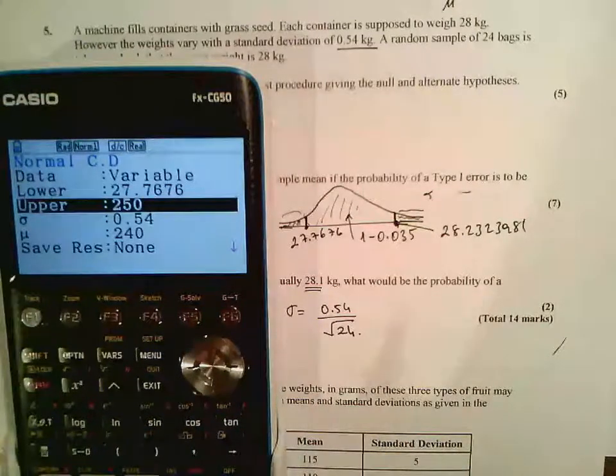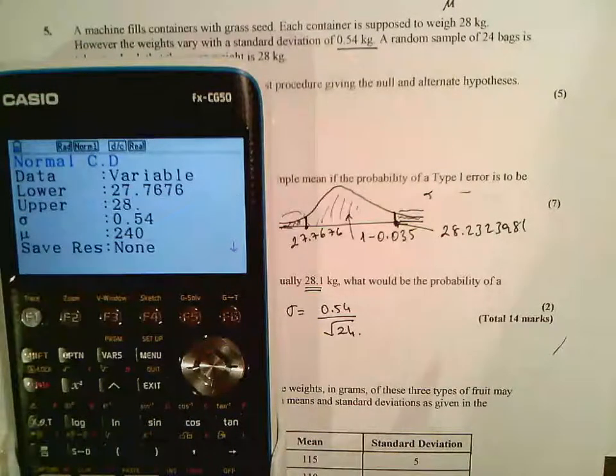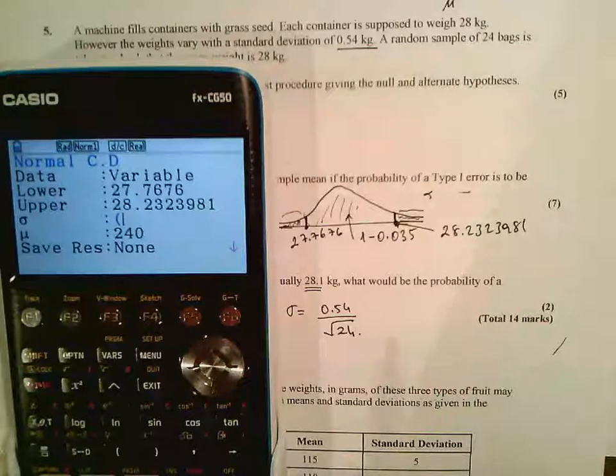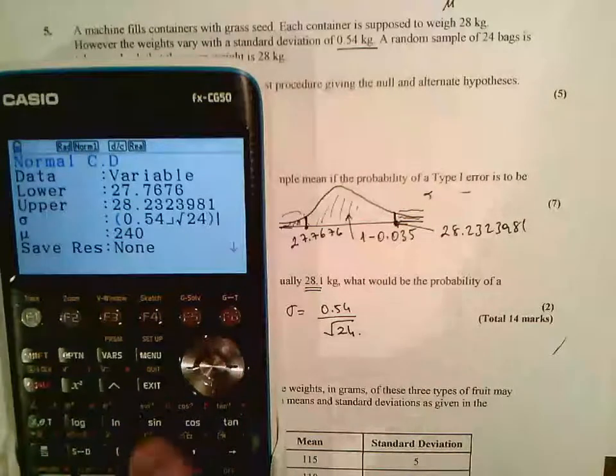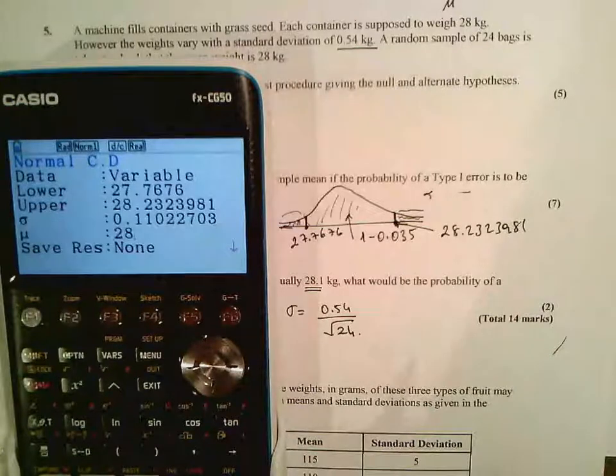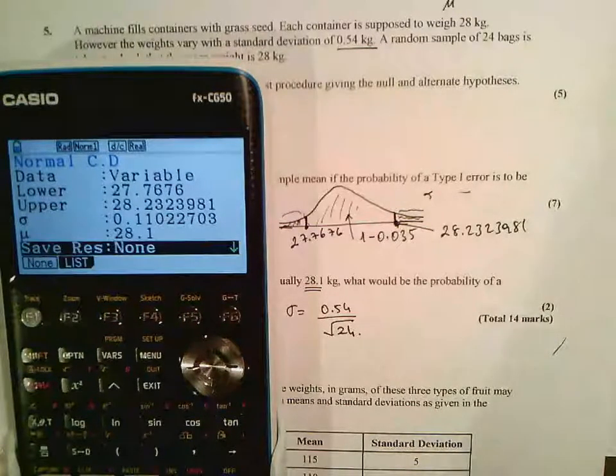Upper value is 28.23. And my standard deviation, please use parentheses, 0.54 divided by the square root of 24, close the parentheses, and the new mean 28.1. Okay, I hope we did everything right.